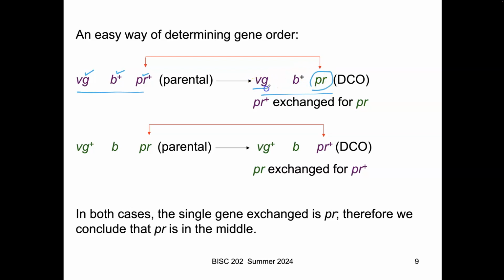It's still mutant for vestigial, it's wild type for the black, but the purple is mutant. And so that means that's the one that is different, and that is the one that's in the middle. And the same for this one. This was our original parental type, and when we look at the double crossover, the only one that's different is this one.